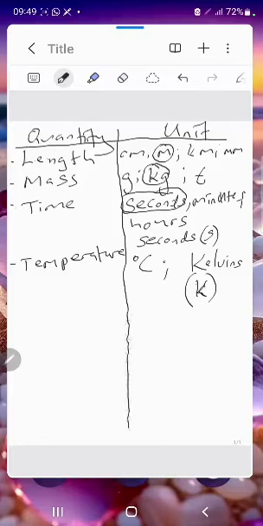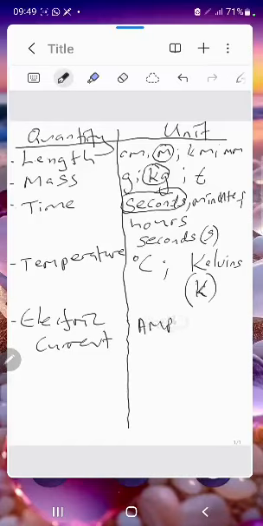Another quantity is current. We can say electric current. SI units are amperes, represented by capital letter A, representing amps. So it means everywhere throughout the world, the SI units are amperes or amps.